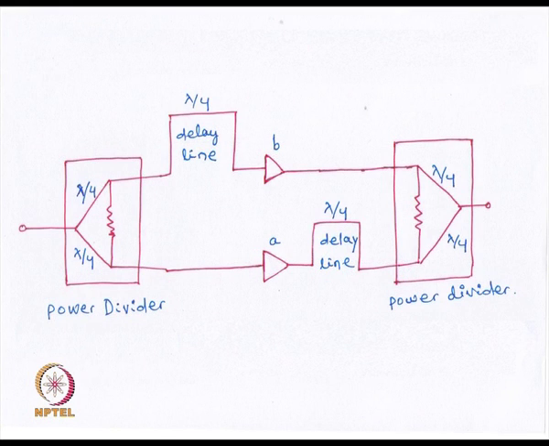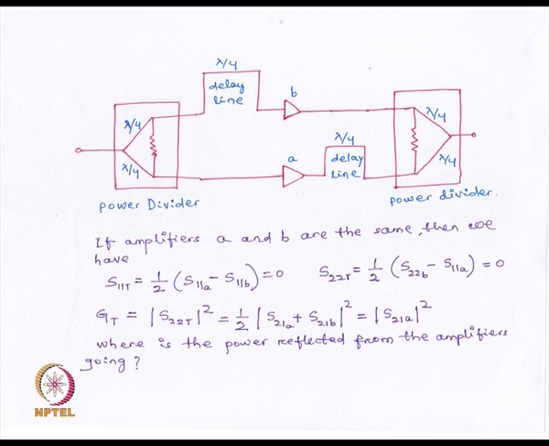Now another kind of realization of a balanced amplifier is this. Here what you have is a power divider. Recall we have covered power dividers: two identical power dividers, two identical delay lines and two identical amplifiers. It can be shown that the total input S11, that is the total input reflection coefficient, and output reflection coefficient will always be 0.